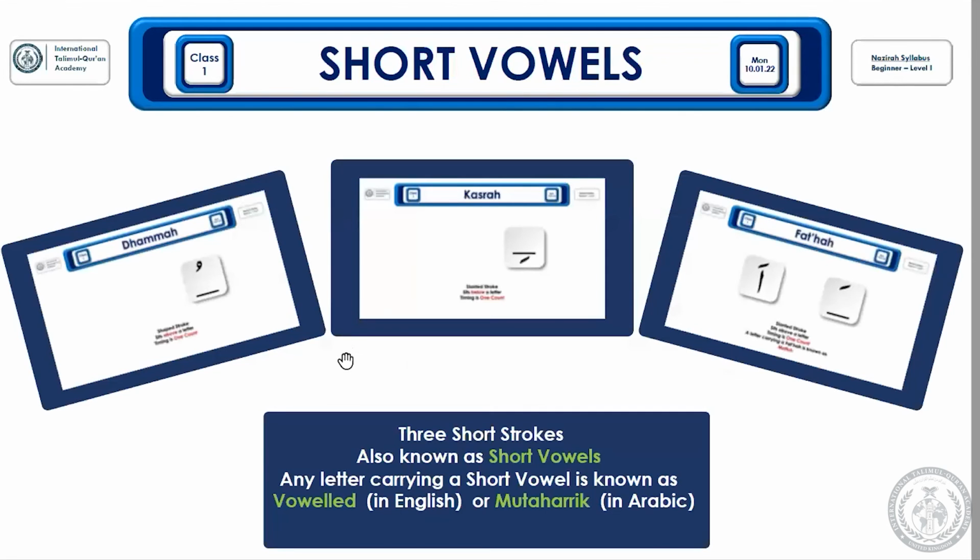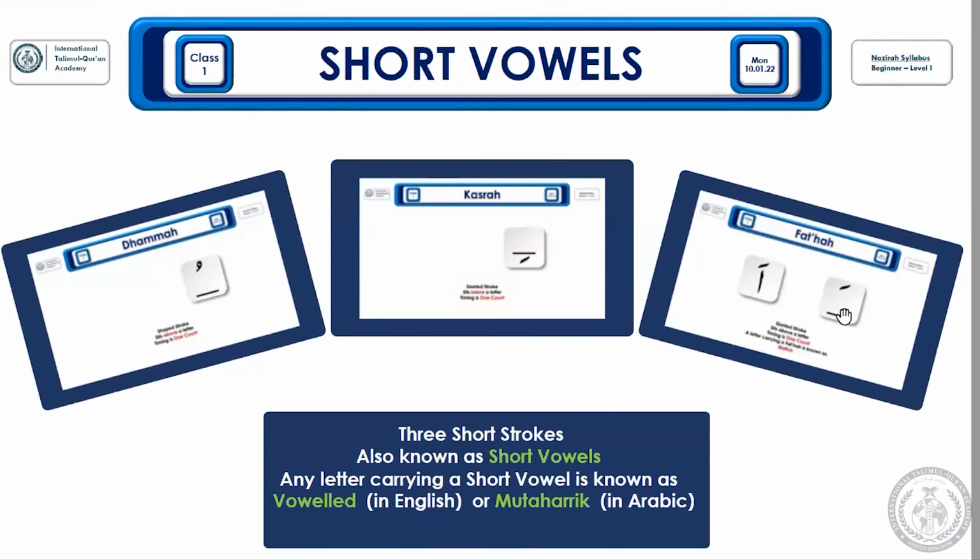In short, there are 3 short vowels, which are the 3 short strokes. You can call them short vowels or short strokes, and those are Fatha, Kasra, and Damma. Any letter carrying a short vowel is known as a voweled letter, and in Arabic I can refer to that as a mutaharrik letter.